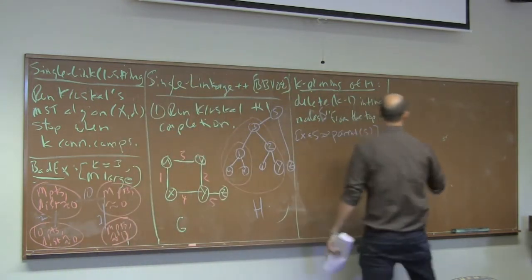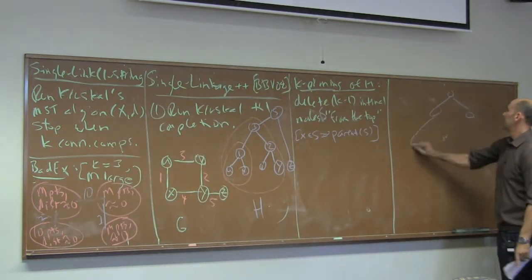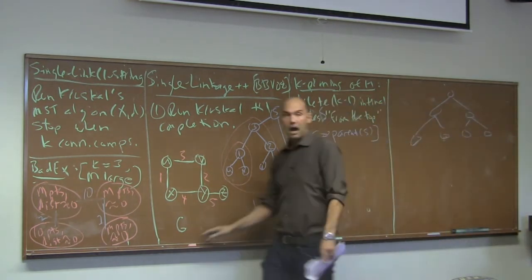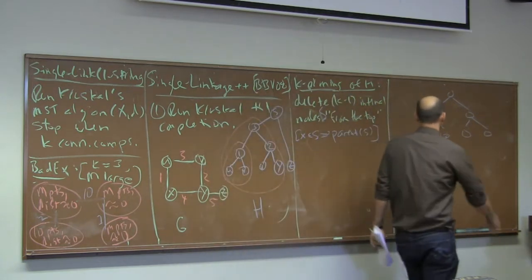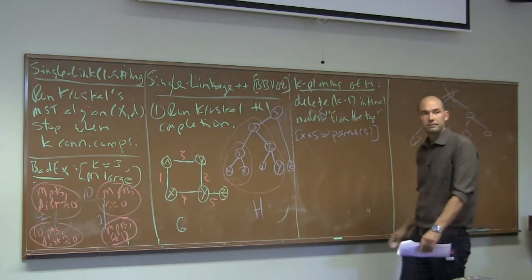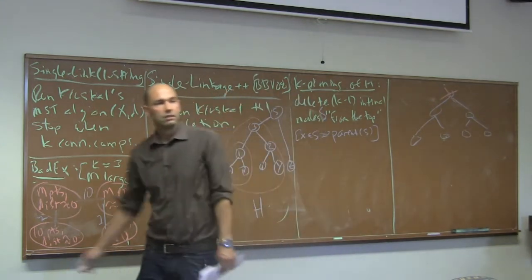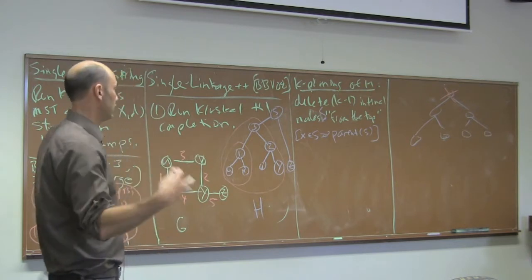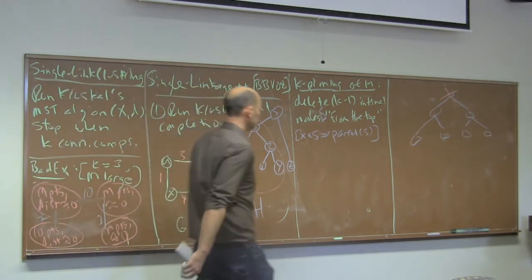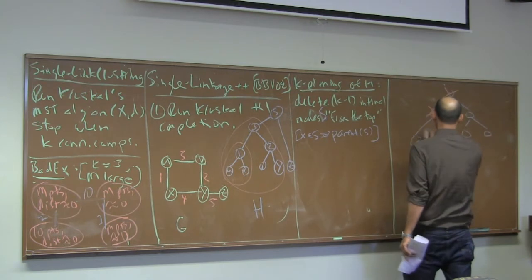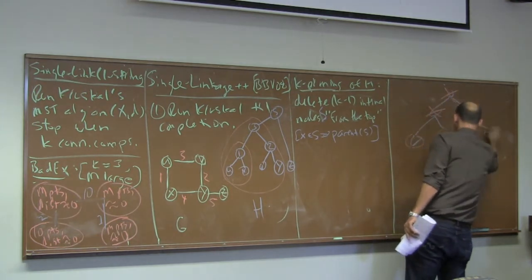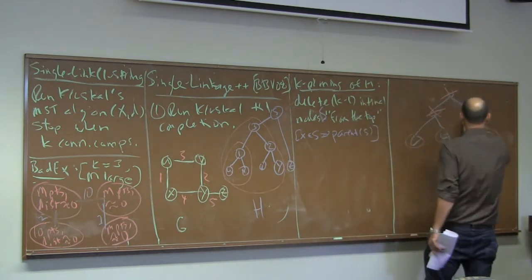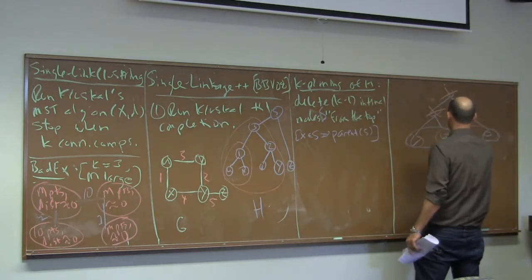But let's say in a balanced tree, like this, if I'm going to delete 2 nodes from the top, I have 2 options. Definitely I'm stuck deleting the root. But now I can delete either the left child of the root or the right child of the root. Each of those gives me an induced 3 clustering. So if I delete this one, then that's the induced 3 clustering. On the other hand, if I delete this one, then this is the induced 3 clustering.